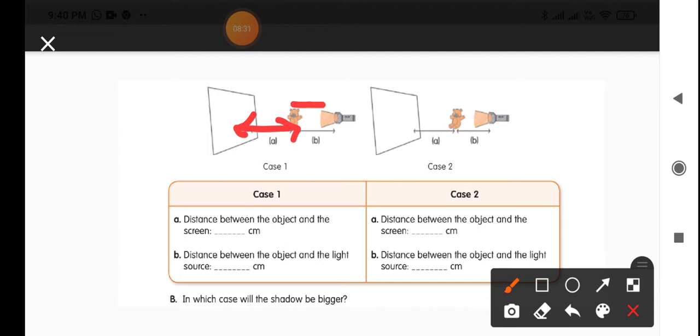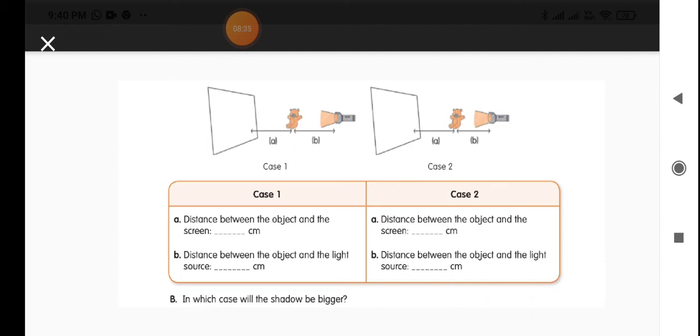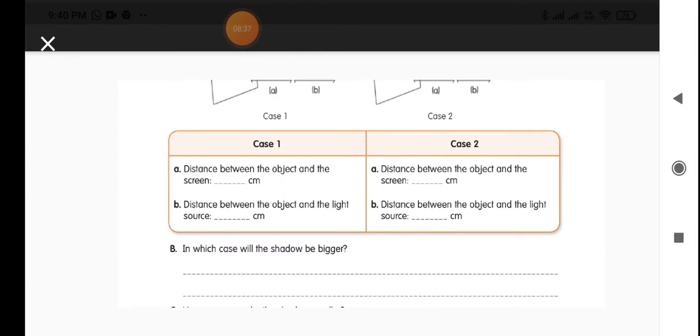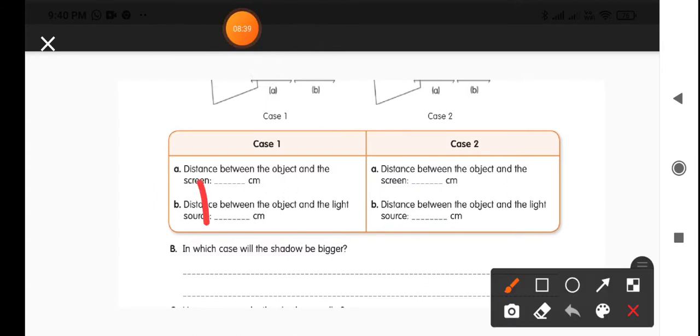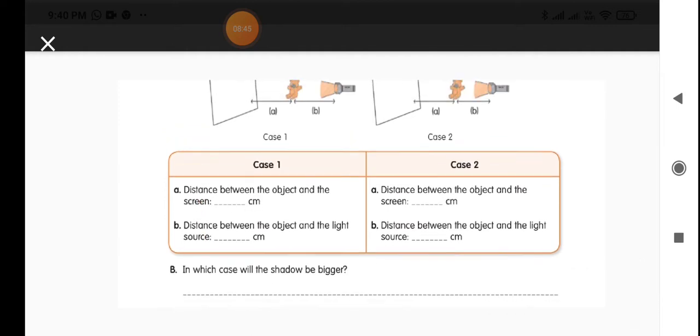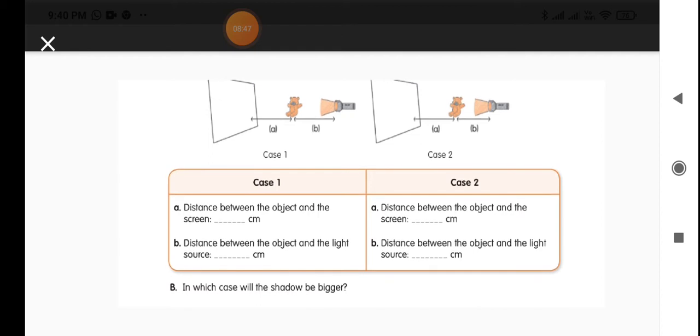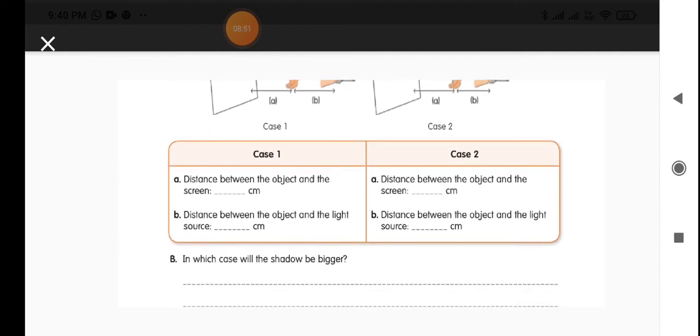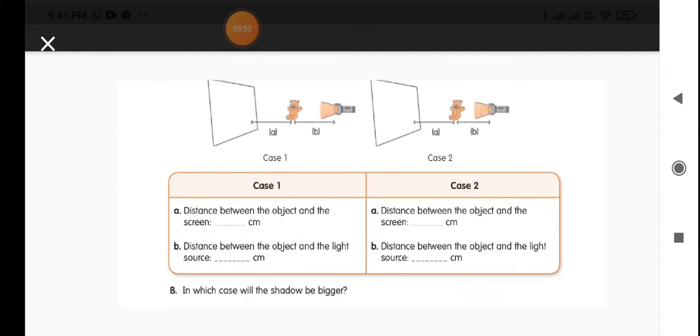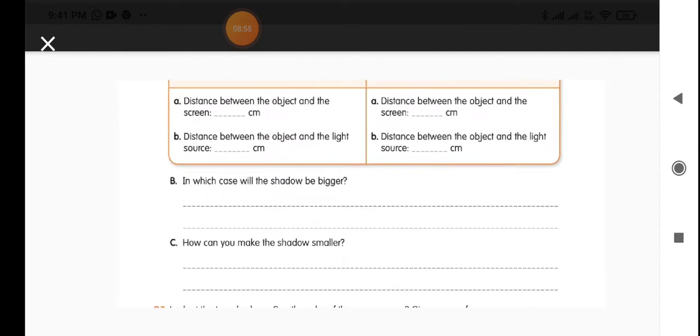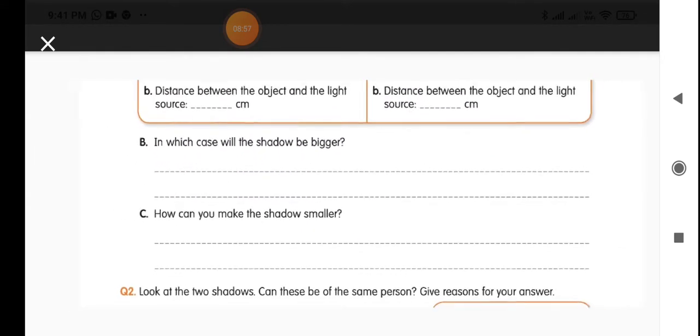These two distances you measure and write here. And in case 2 also, the distance between the object and the screen, same way how you did it, same way here also. And the distance between the object and the light source. So this you measure and write in the given spaces.